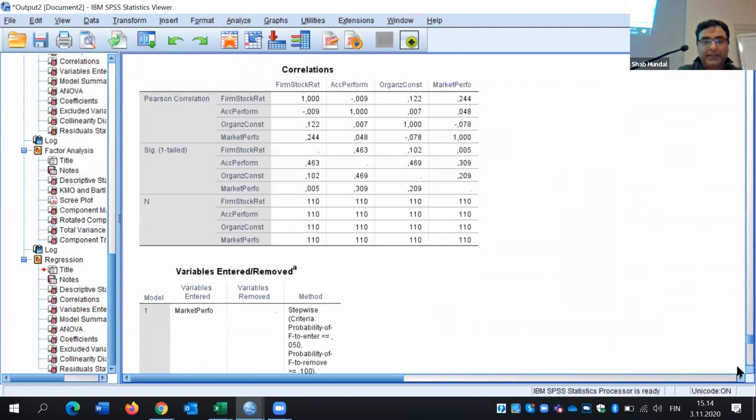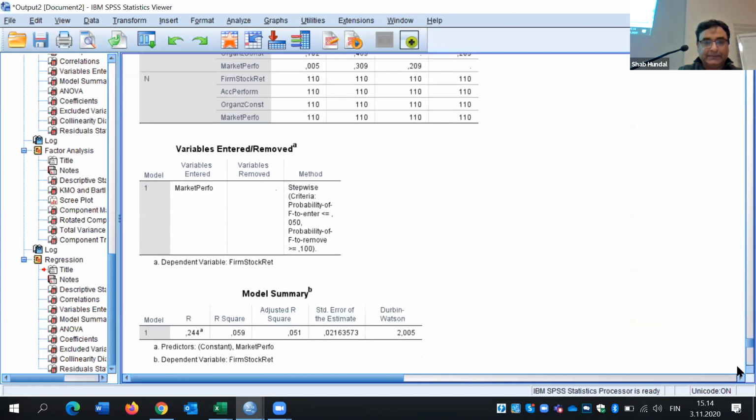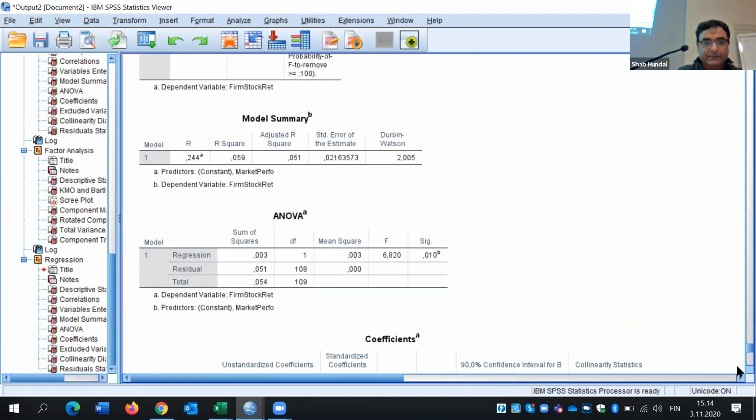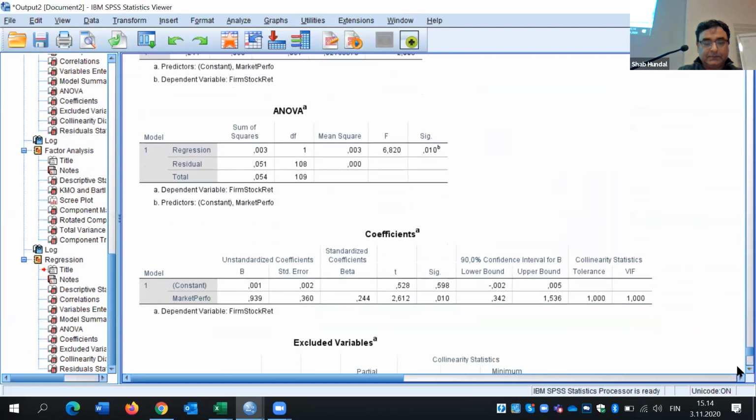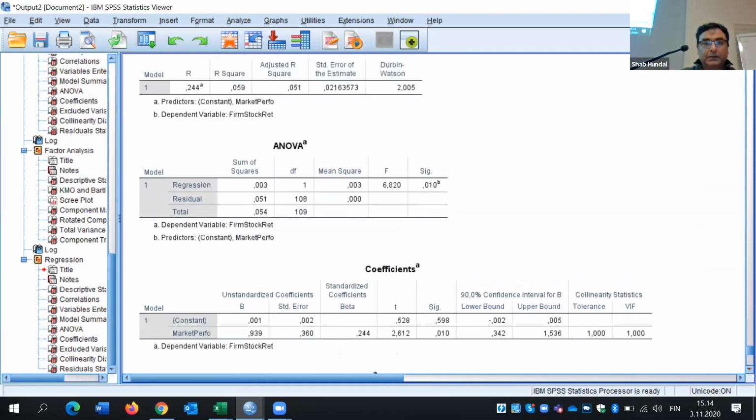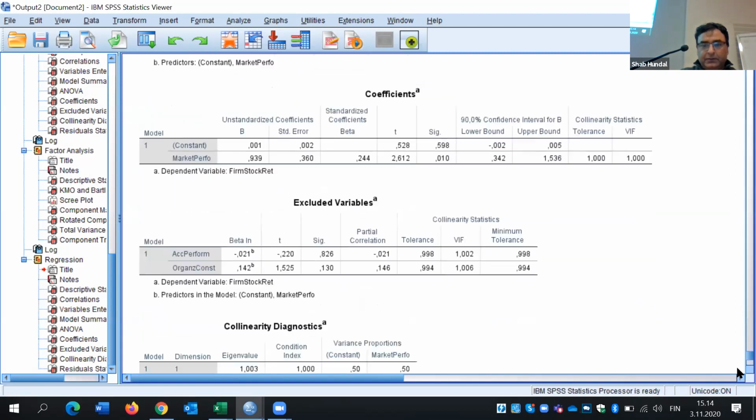And see what do we get. And guess what we get? Once again, we find that our R square is 5.9%. Yeah, remember? Durbin-Watson test. Actually, did I go that far? Or let me see.